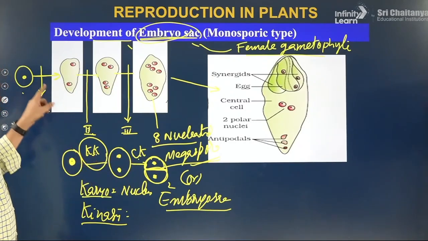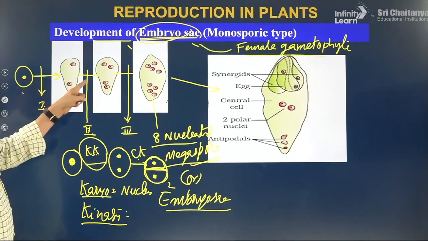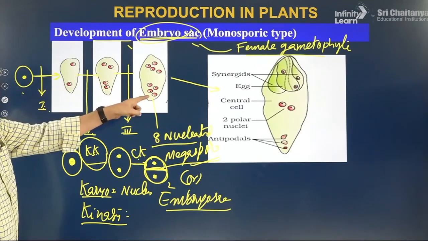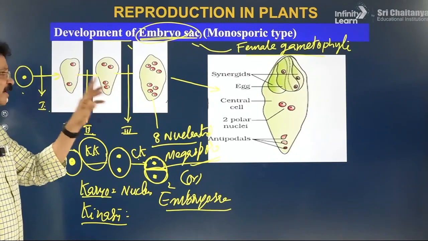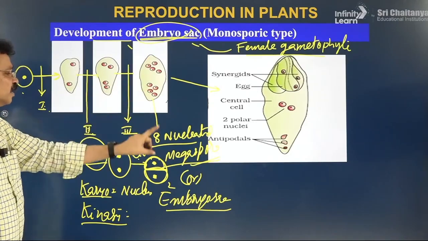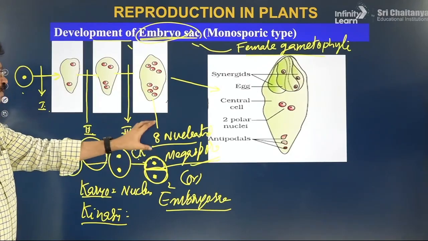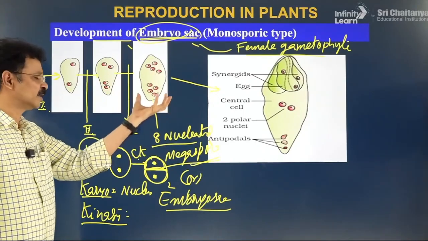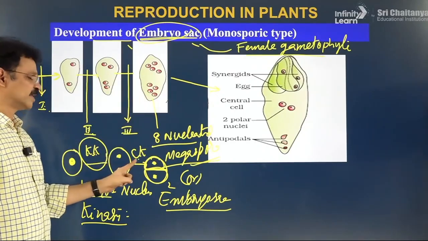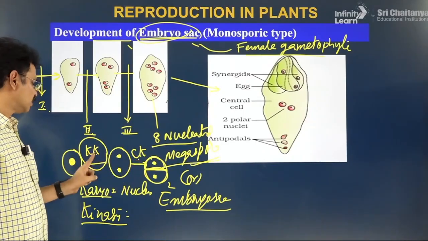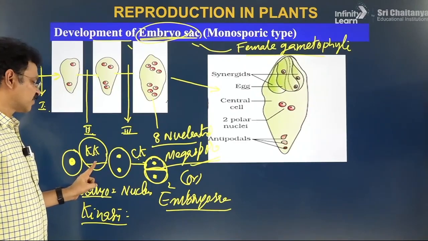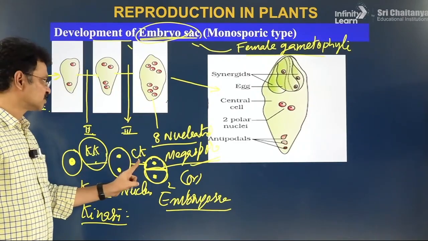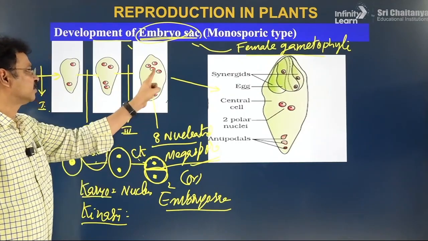That's why it is the first nuclear division, second nuclear division, third nuclear division. There is no cytokinesis here. That's why more than one nucleus is formed in a single cell. What is the reason for the presence of exactly 8 nuclei in the cell? Lack of cytokinesis, or a limited number of karyokineses without cytokinesis, leads to a multinucleate condition.